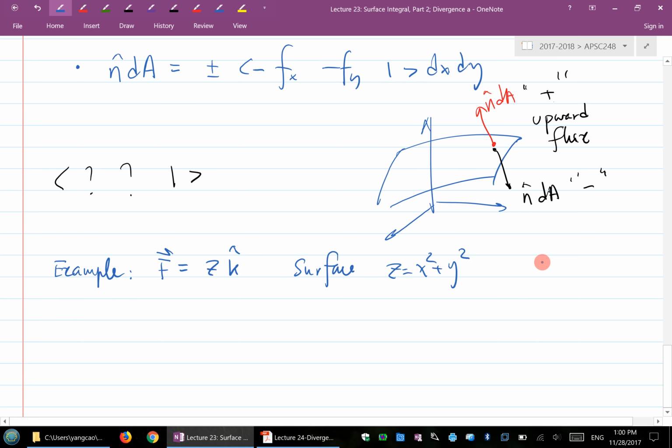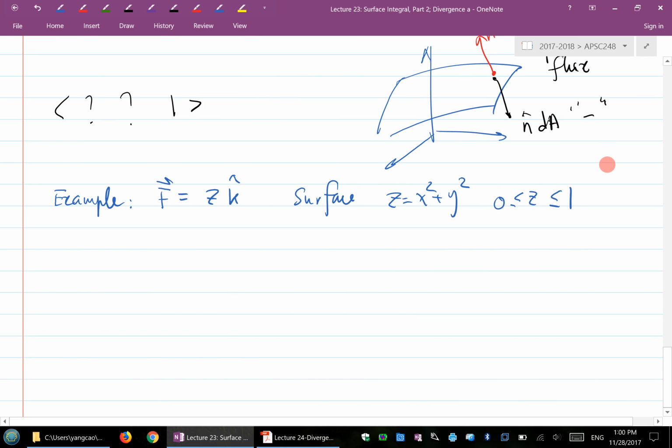It's a paraboloid, with z between 0 and 1. If you draw it out, this is 1, this is 0, so that's your surface here.